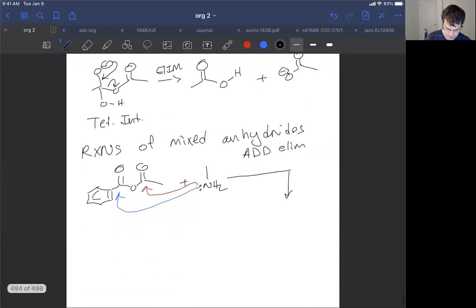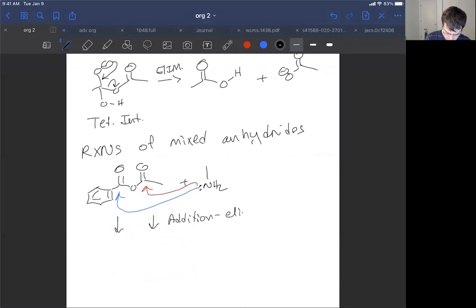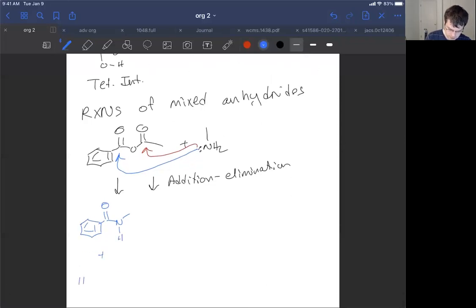And we're going to get, I guess I'm going to take my arrow this way. And if we add to the left, at the end of it all, we're going to have this species plus the carboxylate or the carboxylic acid, depending on the base that we use or don't use.